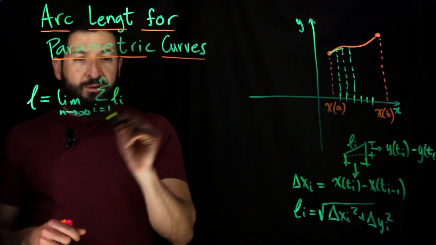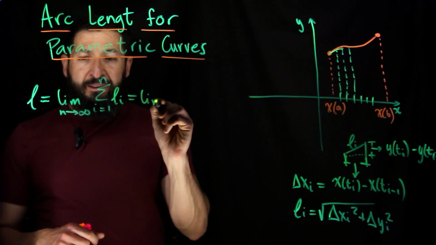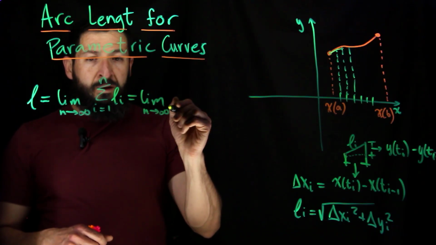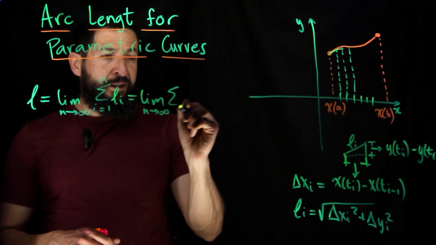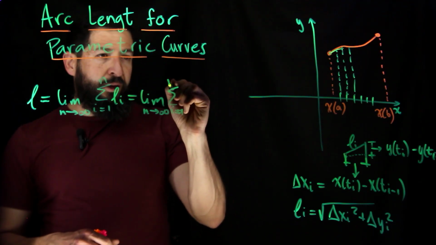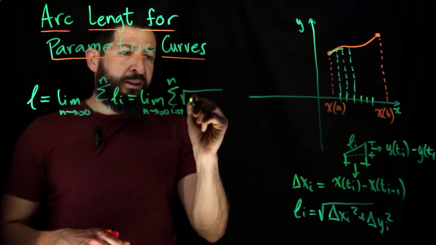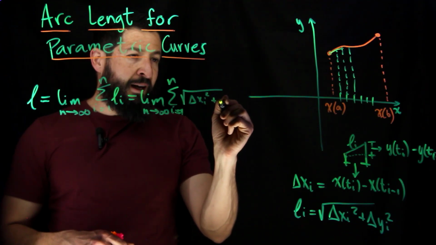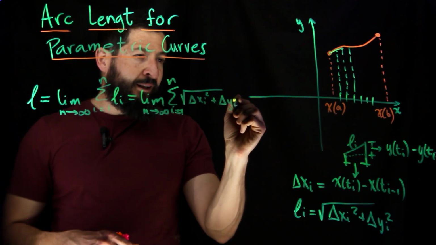So that's the limit as n goes to infinity of the sum from i equals 1 to n of the square root of delta xi squared plus delta yi squared.